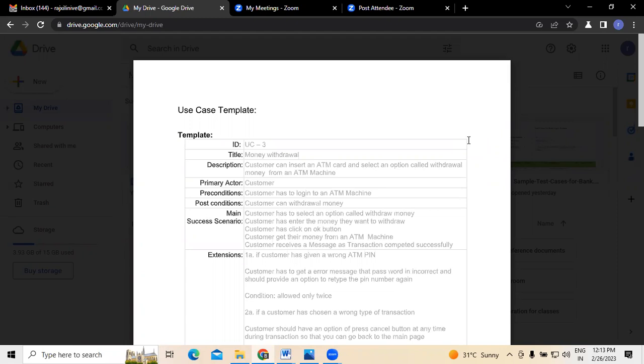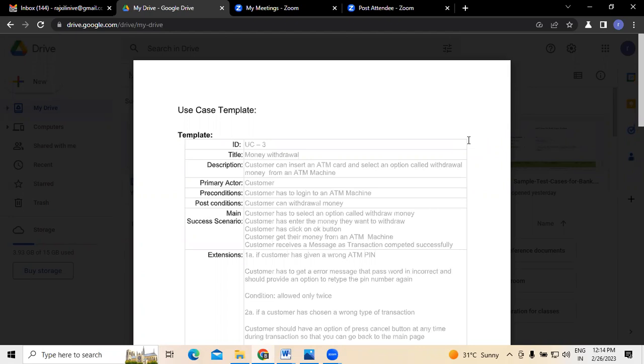Like this, there may be 20, 30, 40, 50, 60, 100, whatever it is. However many functionalities we have, those many use cases have to be prepared by the BA. This is for the benefit of the development team, to develop the functionalities in the right manner.